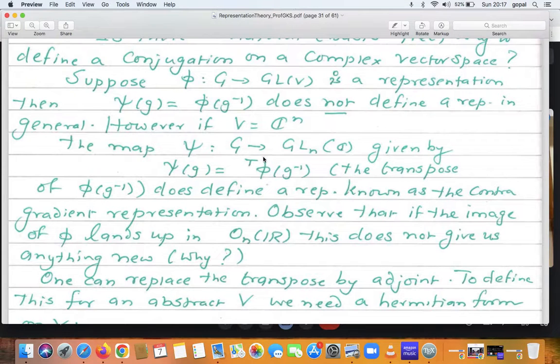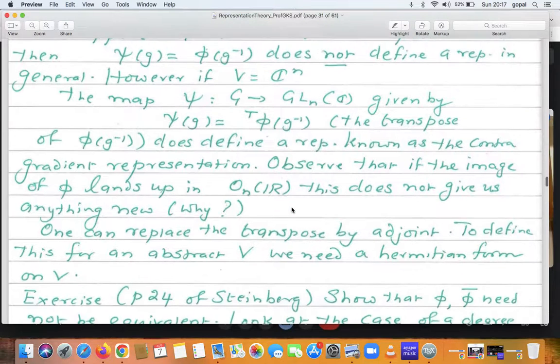Note that if the representation lands in O(n,R), for example, you get nothing new, because phi of g is orthogonal, so phi of g transpose is the same as phi of g inverse.